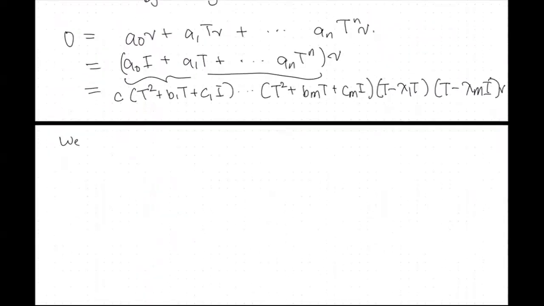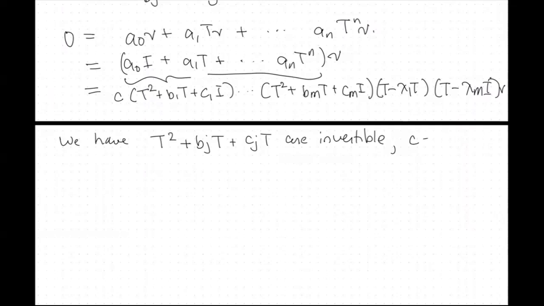Now we have t squared plus bj t plus cj I are invertible. They are invertible. And c non-zero, then we can divide both sides with them. They have their inverse.